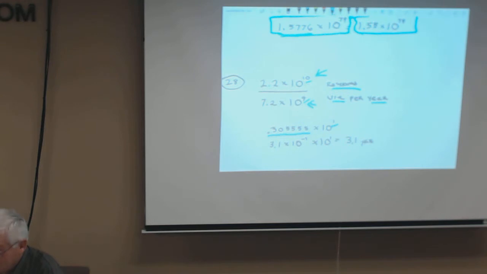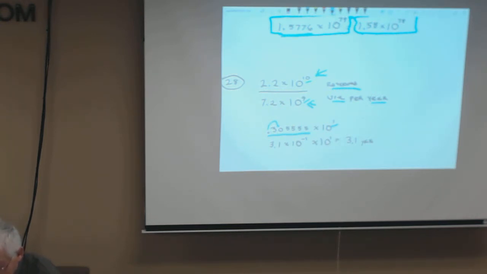You follow that? Good. So in scientific notation, this would be 3.1. Move it over one place. No, it'd be 3.05555. I know, but see, these are all to 2 places.